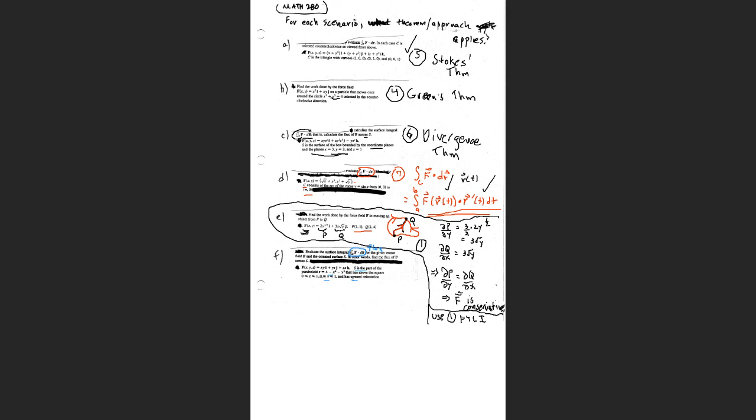But for F, you don't have a closed surface. So you're going to have to use the definition of flux for scenario F. So that's going to be formula 3. Can't use the divergence theorem on that.